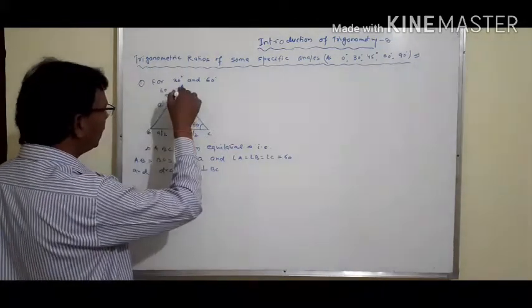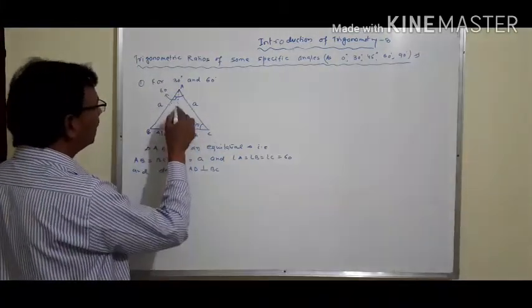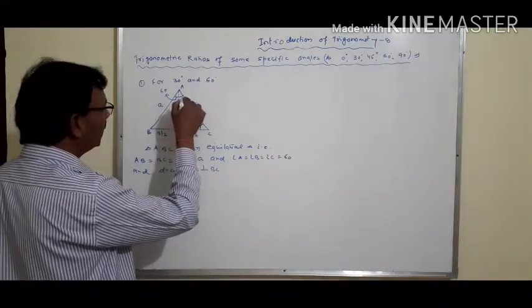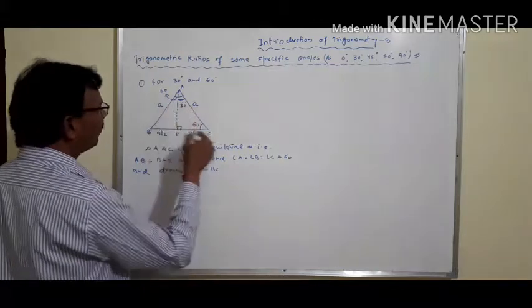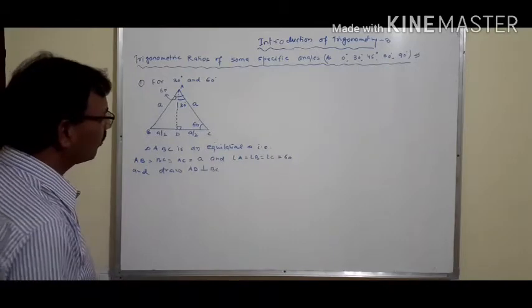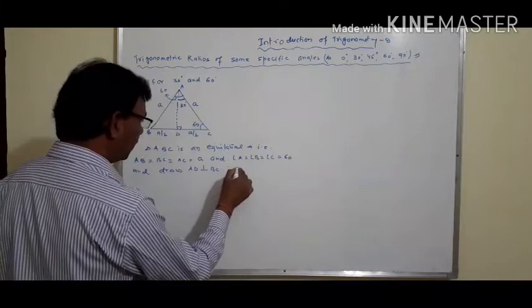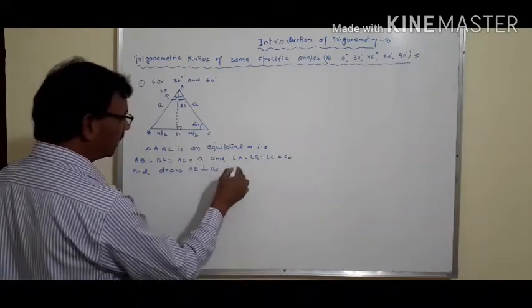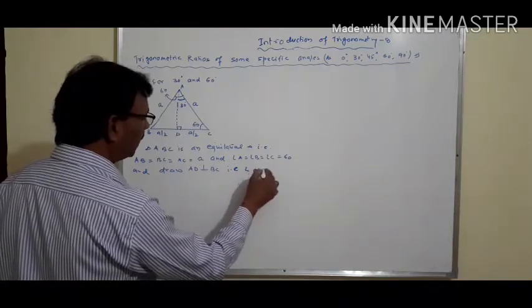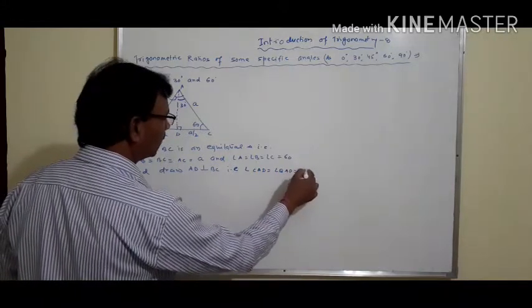But if we draw a perpendicular from A on BC, then this perpendicular line divides the whole angle A into two equal parts and this angle will be 30 degree. That is, if we draw AD perpendicular to BC, then angle CAD equal to angle BAD equal to 30 degree.